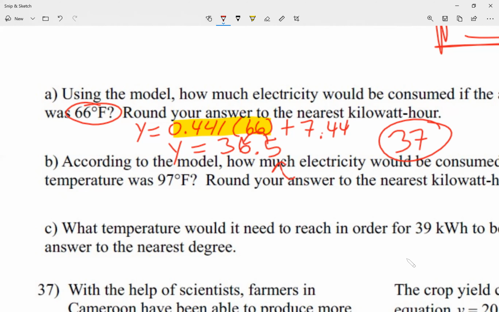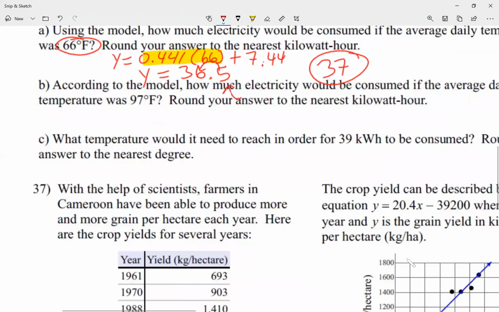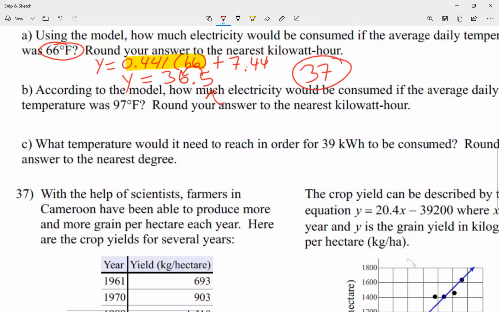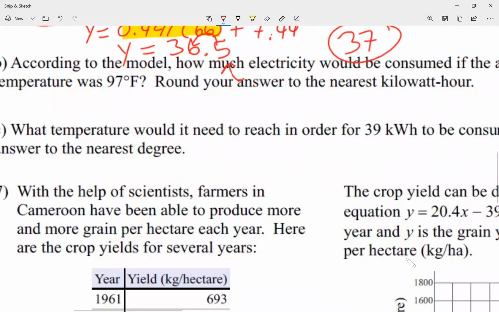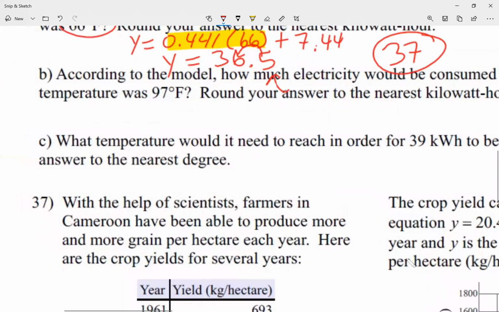Okay, let's take a look at question number B. According to the model, how much electricity will be consumed if the average daily temperature was 97 degrees Fahrenheit? Round your answer to the nearest kilowatt hour. Again, we ask ourselves, is temperature the X or the Y value? In this case, the X. So let me rewrite my equation.